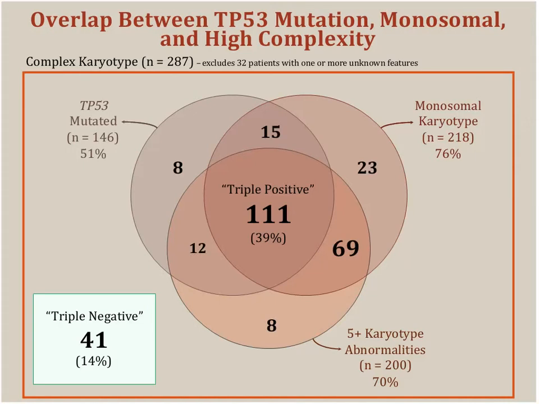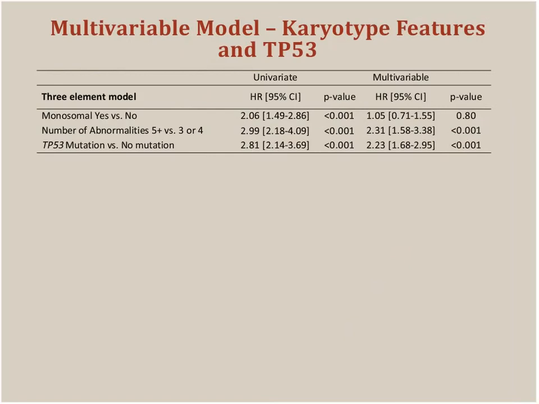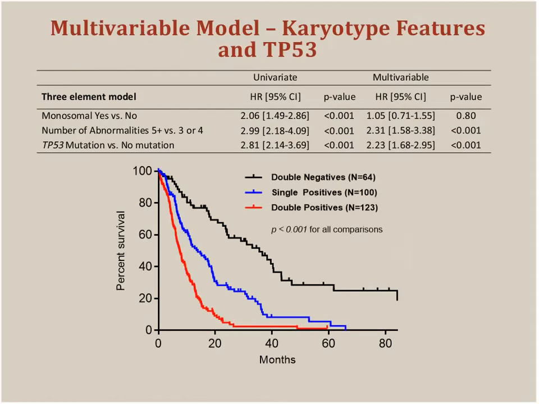Then you can see within the subgroups of these curves the numbers of patients that fell into these various subgroups. The value in this study is looking at the following. In terms of univariate and multivariate analysis, the presence of a monosomal karyotype versus not, in a multivariate analysis, did not have substantial impact.